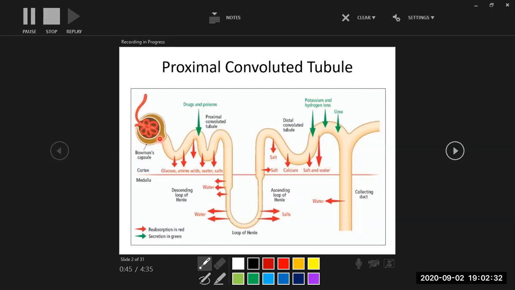However, here, the only selection is that large stuffs remain in the blood, but small stuffs are filtered through. And that small stuff include a lot of good stuff, like glucose, amino acids, water, salts, right?